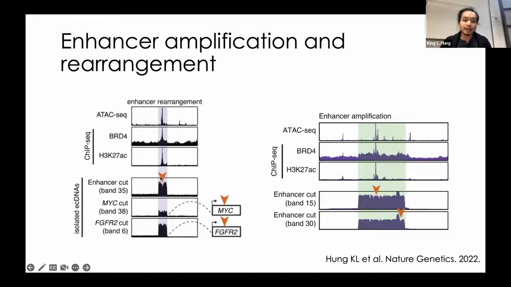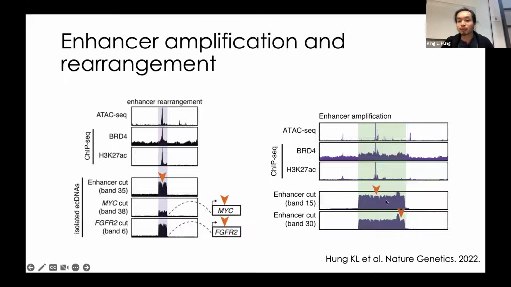What we find is that this enhancer actually is rearranged and ligated to both the MYC oncogene and the FGFR2 oncogene on different ecDNAs in the same sample. So this suggests that this enhancer might be hijacked by both oncogenes and might affect gene expression.